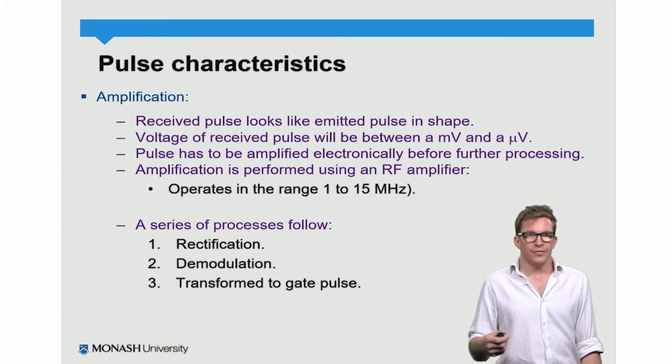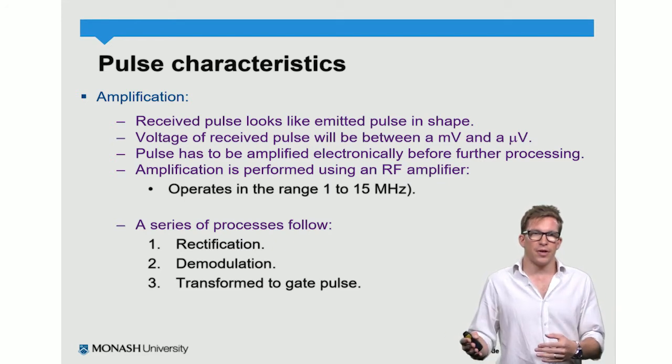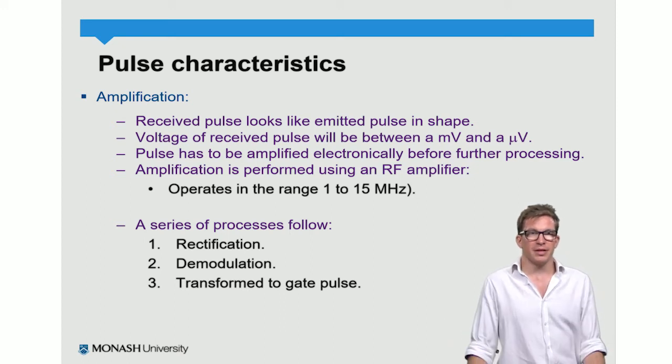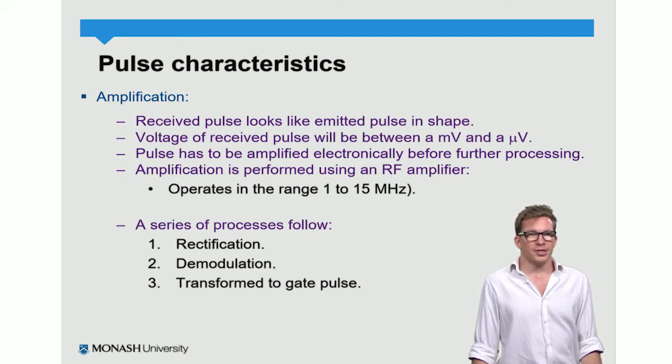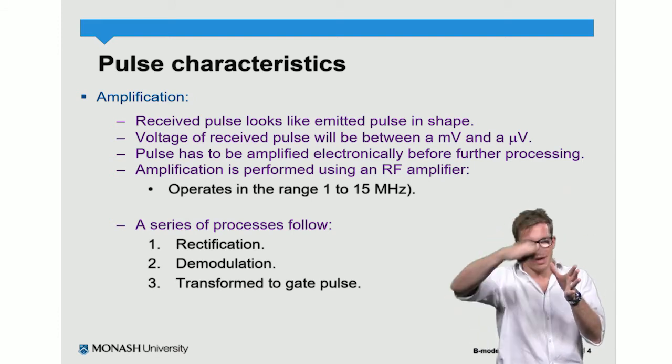So once we've applied the amplification, which is going to convert the received waveform into something in millivolts as opposed to a much smaller amplitude in microvolts, we then need to convert this sinusoidal shape in a damped envelope.